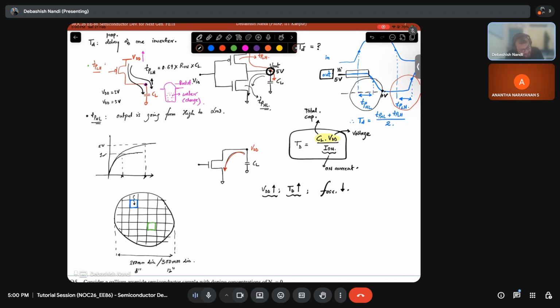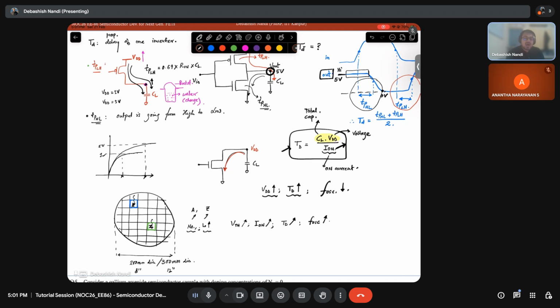These all are happening in the same process, but between this, let's say this is A and this is Z, you will have huge changes in your doping profile, length, geometry, etc. Because of these things, your threshold voltage changes, that changes your on current, that on current changes your TD, and that changes your ring oscillator frequency.